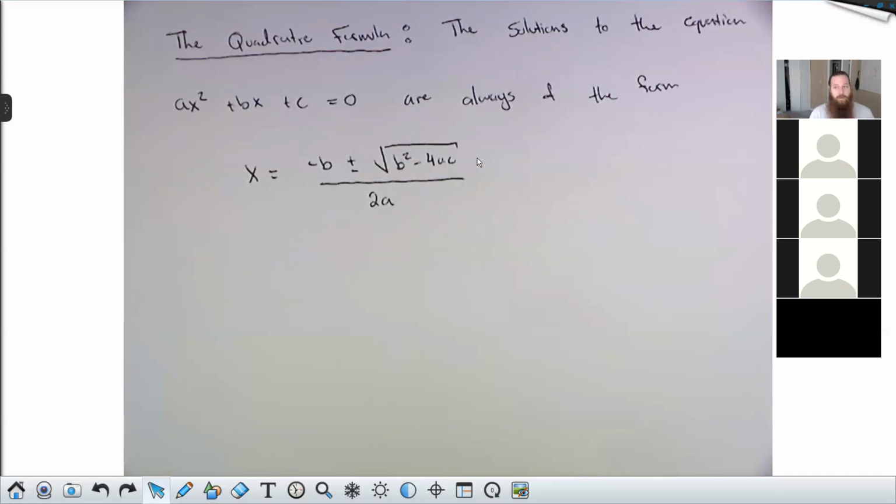And this is the part where I get to embarrass myself for your edification. If you want to remember this, go find someone you respect deeply, like a man or woman you love, or a family member you look up to, or a friend whose respect is very meaningful to you. And if you never want to forget the quadratic formula, you stand before this person and sing x equals negative b plus or minus the square root of b squared minus 4ac all over 2a.